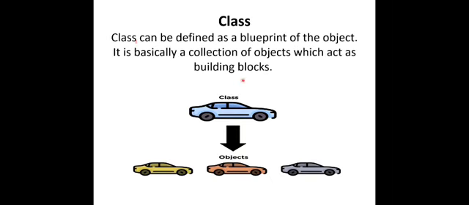Now see what is class. A class is a group of objects which have common properties. It is a single unit or template or blueprint from which objects are created. Our objects are the different colored cars and the class is car. The objects of car have different properties, like different colors, but they have the same properties overall.